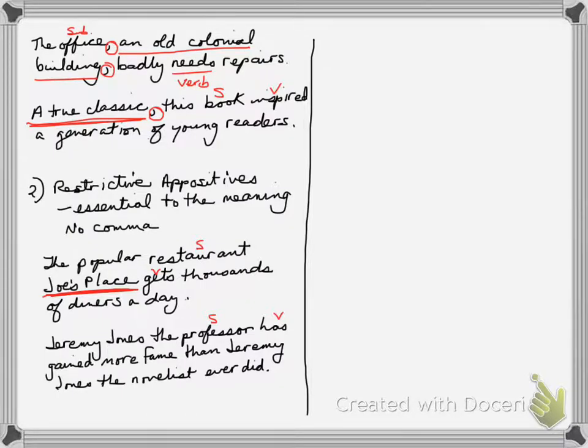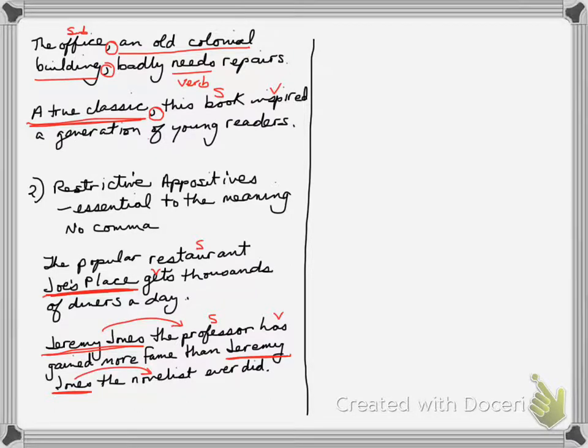Okay, so the professor, but which professor? It matters. And so Jeremy Jones is my restrictive appositive. It's essential. No comma before it. And it is another restrictive appositive, this one referring to the professor, this one referring to the novelist.